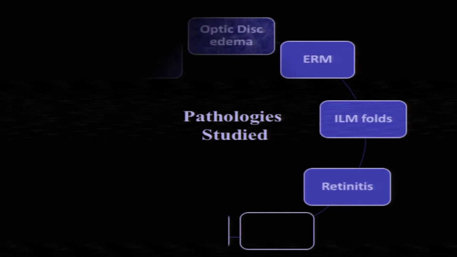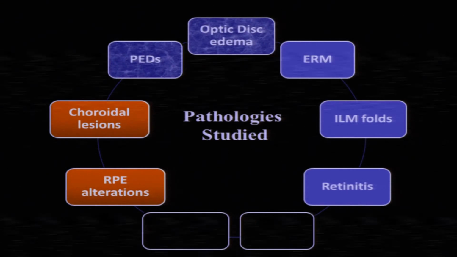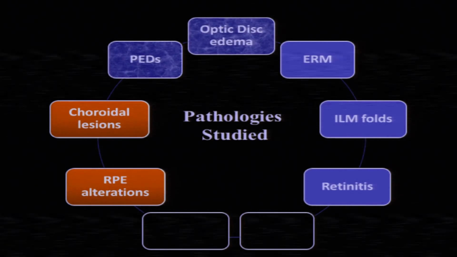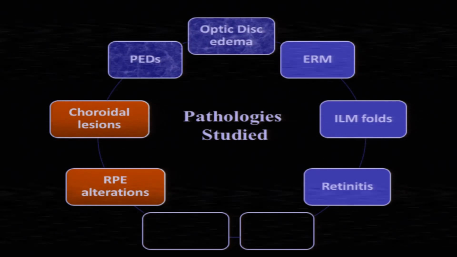All the images captured were analyzed by 2 independent observers separately, and differences in the appearance of various pathologies seen in the different cases were analyzed and tabulated. The pathologies we studied were epiretinal membrane, ILM folds, retinitis, neovascularization, exudates, RPE alterations, choroidal lesions, pigment epithelial detachments, and optic disc edema.